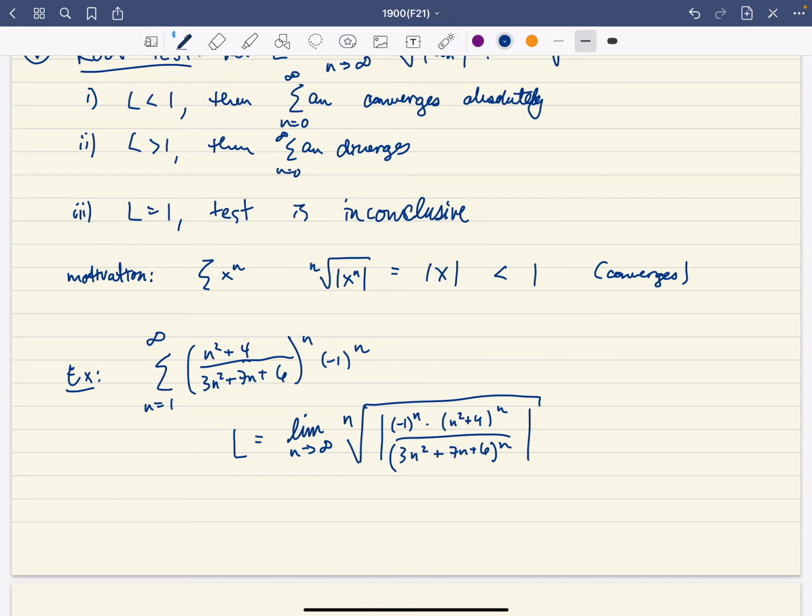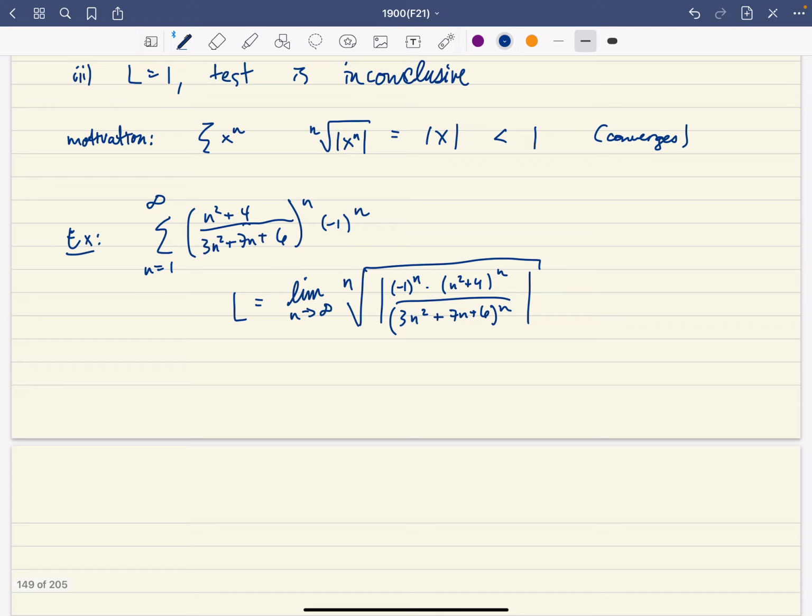Now, when we take the absolute value, the power of -1 simplifies to just be 1. So this is the nth root of (n squared plus 4) over (3n squared plus 7n plus 6), to the n.